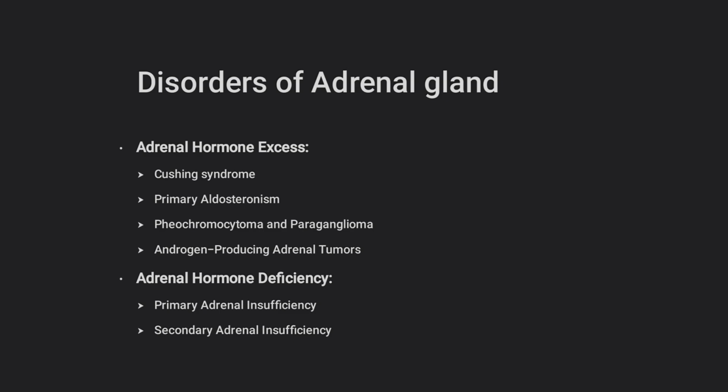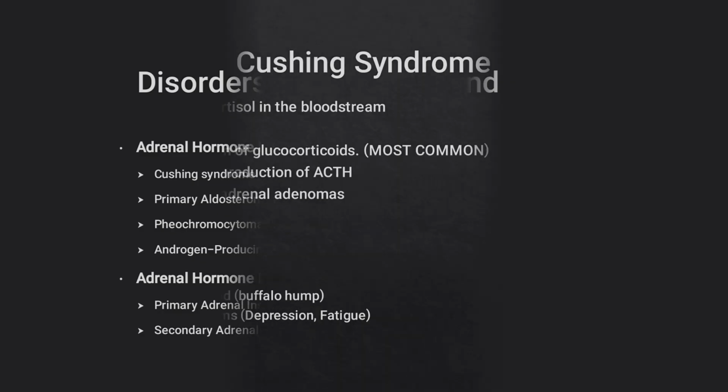Another name for it is Conn's syndrome. Androgen producing adrenal tumor, that's the zona fasciculata producing androgens. Then pheochromocytoma and paraganglioma. This is because of catecholamine secretion from the medulla of the adrenal gland. And the deficiencies, we have primary and secondary adrenal insufficiency. We will talk about each one.